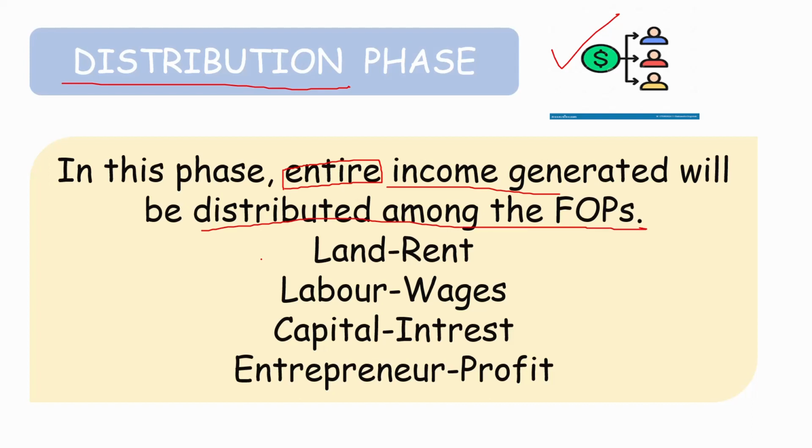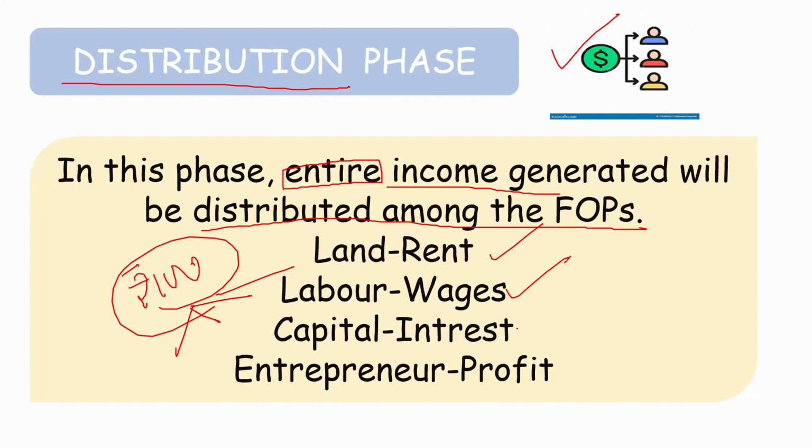For example, if income of rupees 100 was generated by firms, this entire 100 rupees will be divided among these factors of production. That means land will be given rent, laborers will be given wages, capital will be given interest, and entrepreneur will be given profit. So this entire 100 rupees will be divided among these four FOPs, that is factors of production. So this is distribution phase.